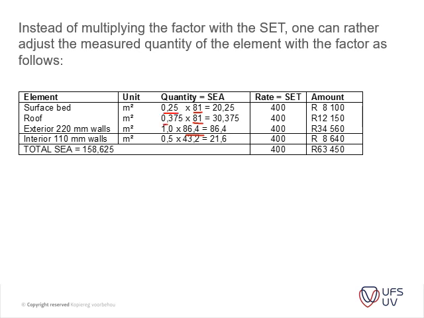So what we just do is, instead of multiplying the factors with our rates, we multiply with our areas, and thus we get a total area of 158 square meters, if we add the 20.25, the 30.37, the 80.4 and the 21.6.